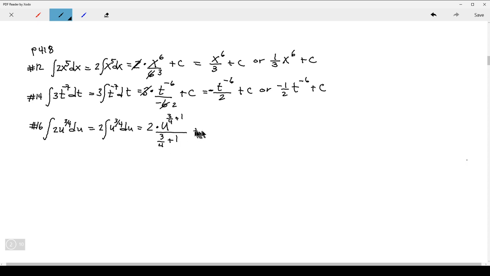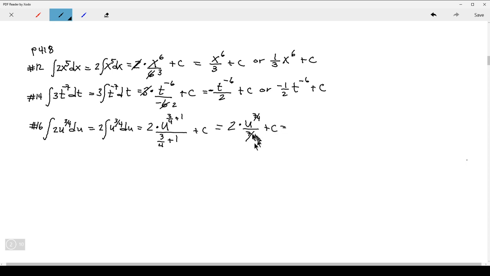Plus c. So 3/4 plus 1, this would be 4 over 4, so that's going to be 7 over 4. So that is going to be 2 times u to the 7/4 over 7/4, plus c.